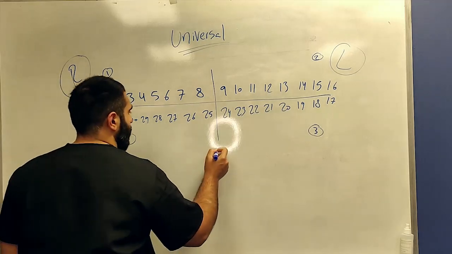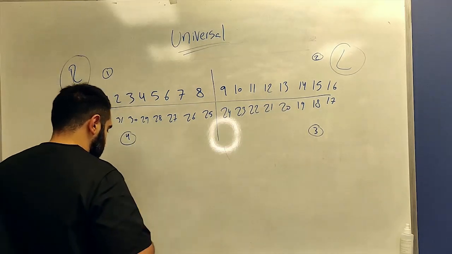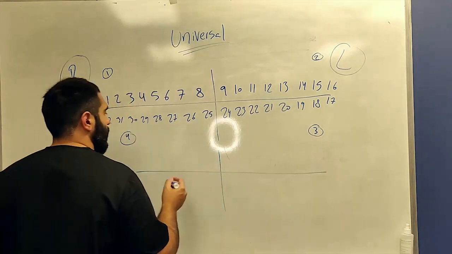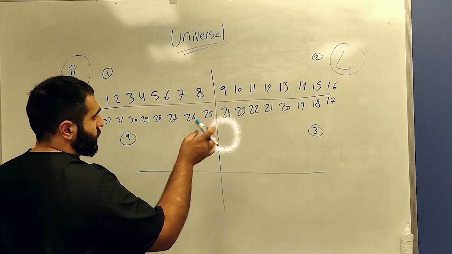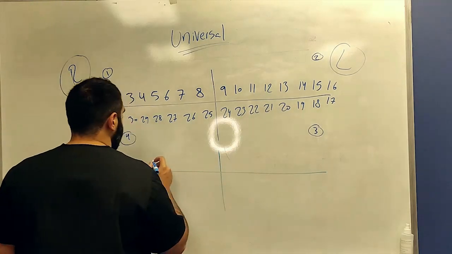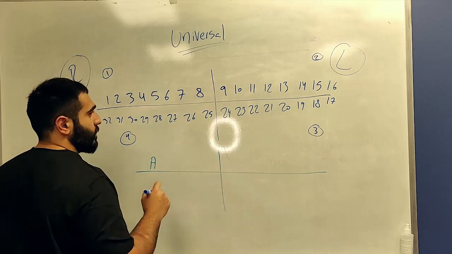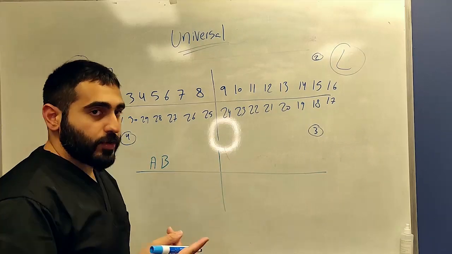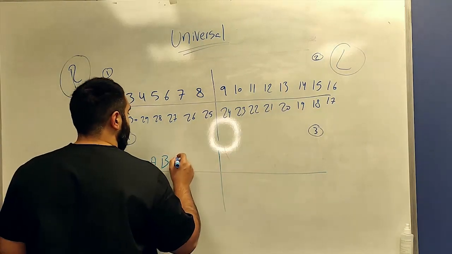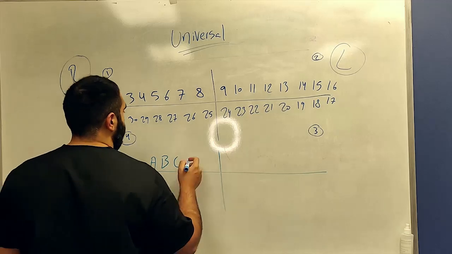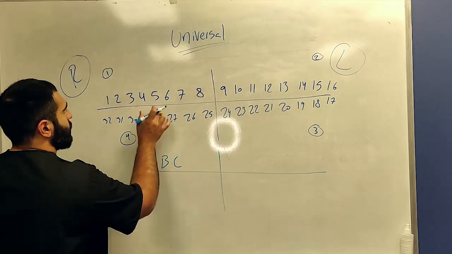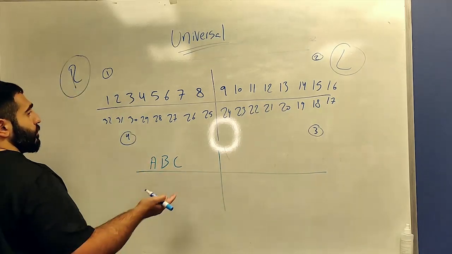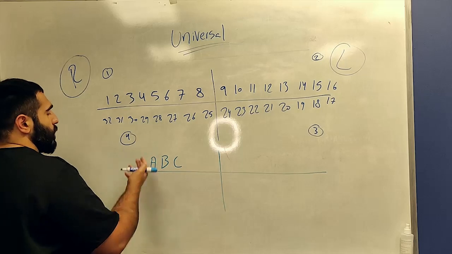And for the primary teeth, let me use a different color. For the primary dentition, it does the same thing, except it does it with alphabets. So A being your second primary molar, B being your first primary molar, C being your canine. Of course, these later become your premolars, as the premolars replace these in the permanent dentition.